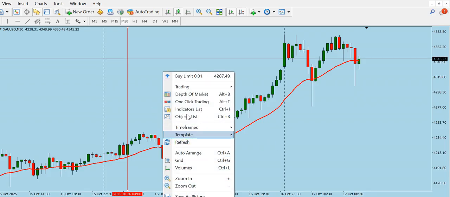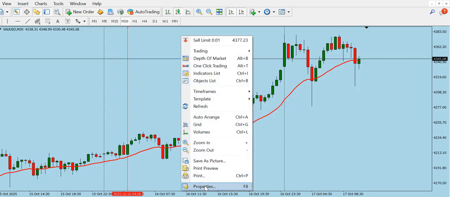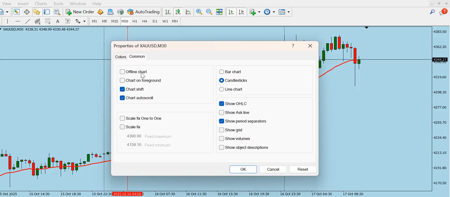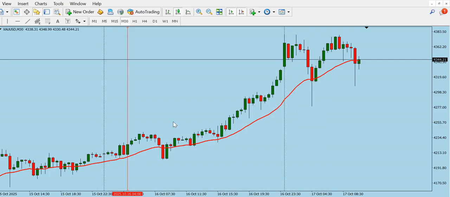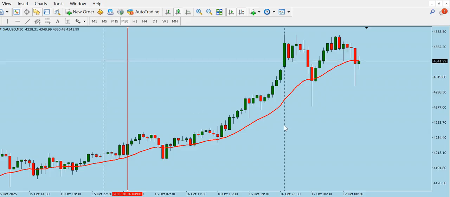Go to properties, on MT4, go to common, then select the show period separators. That's how you can see period separators on your screen. And the period from this separator to this separator is the daily period.